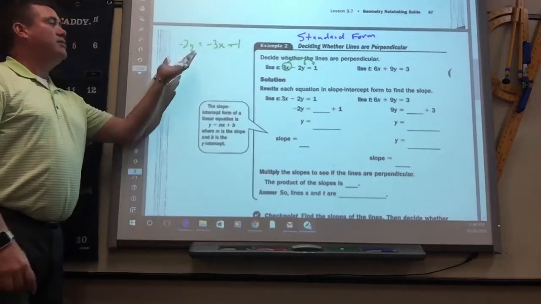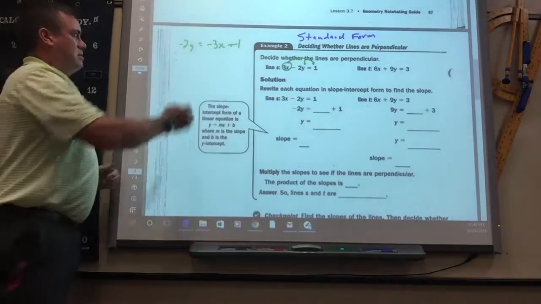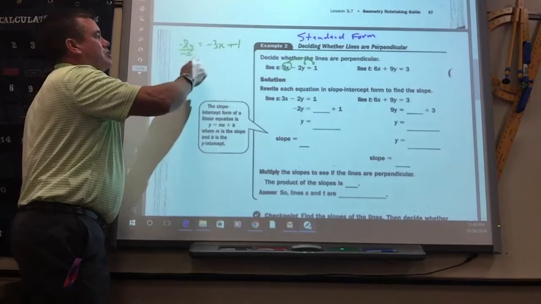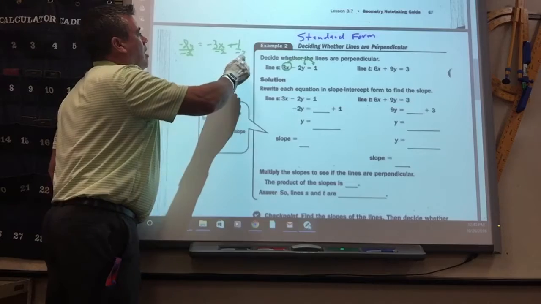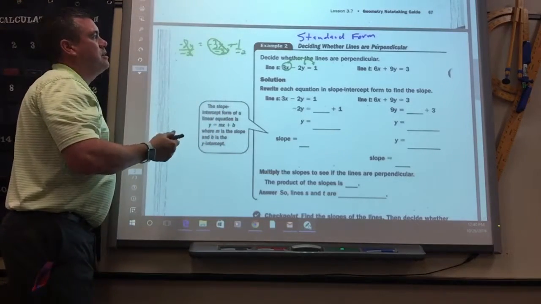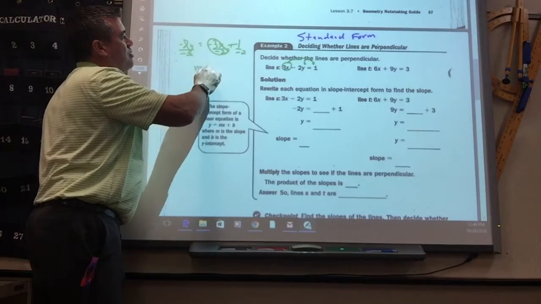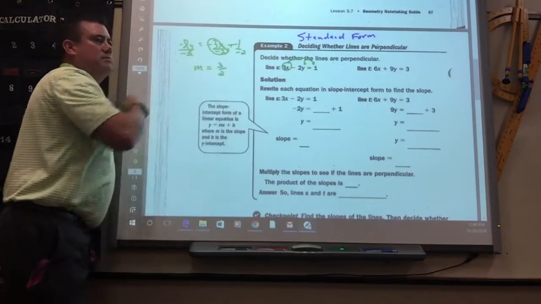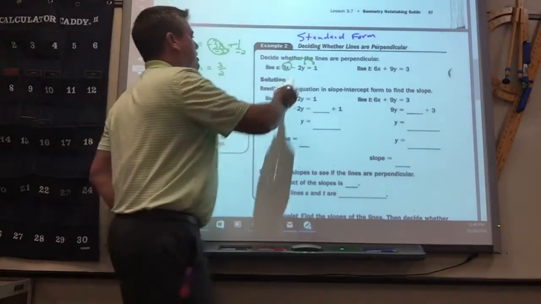Okay? Then you got to divide by negative 2, and all we're worried about is the slope, the number on the x. So negative 3 over negative 2 is just 3/2. Okay? So this slope is 3/2.